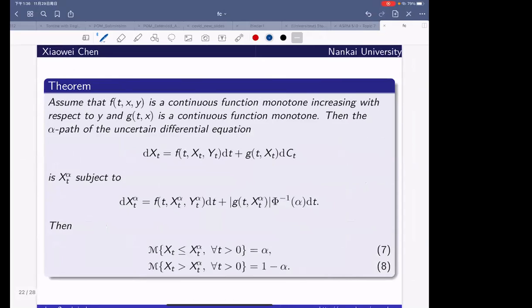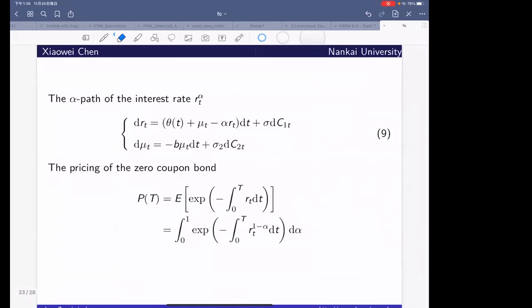In order to get the solution of this system, we also create the alpha path formula for high-dimension uncertain differential equations. Using this alpha path, we can get the solution of this formula very easily.